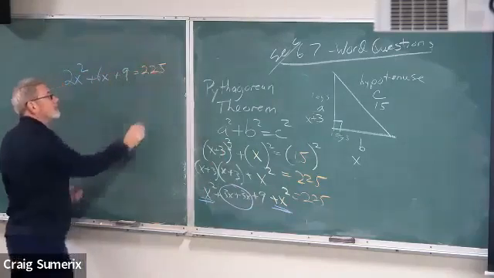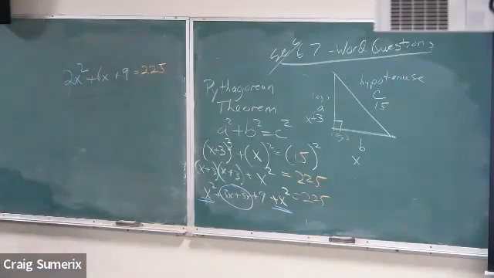Can't you subtract 9 from both sides? You can, but is that going to help? Not at all. Does this start to look a little familiar? Where do we want to go now?